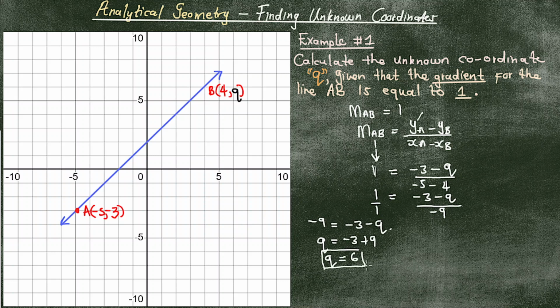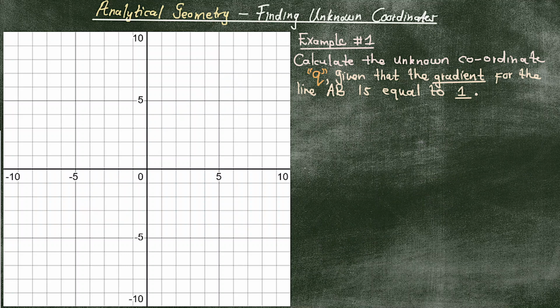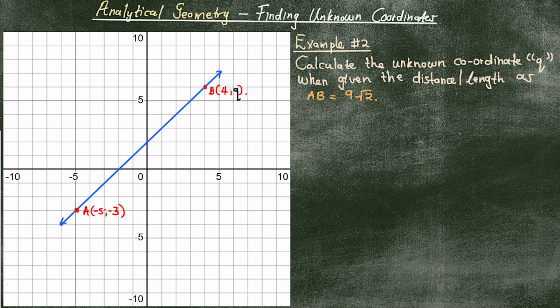So the coordinate Q is going to be 6. It makes sense for Q to be positive, because the point B is in the first quadrant. So this is a scenario where you are given the gradient. Example number 2. Here they have given us a distance.